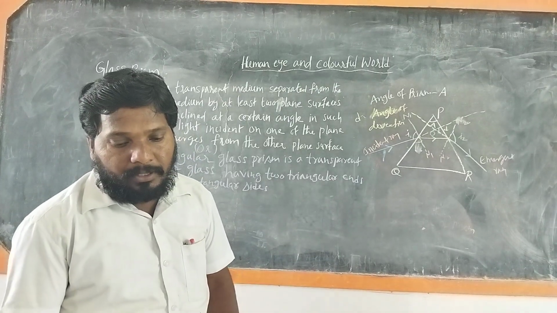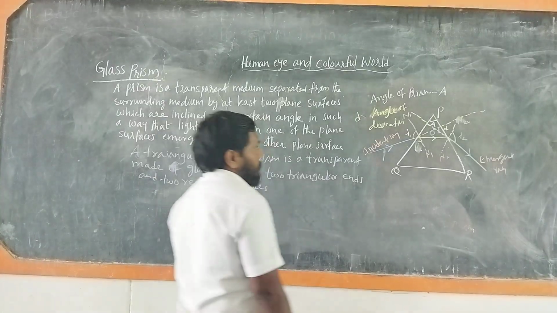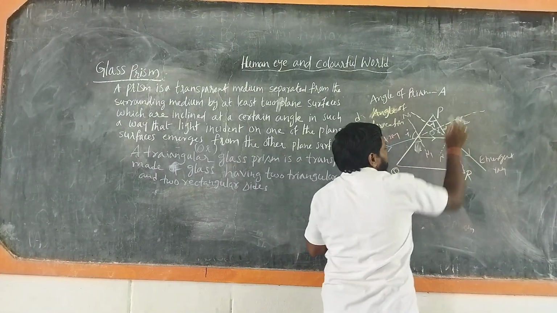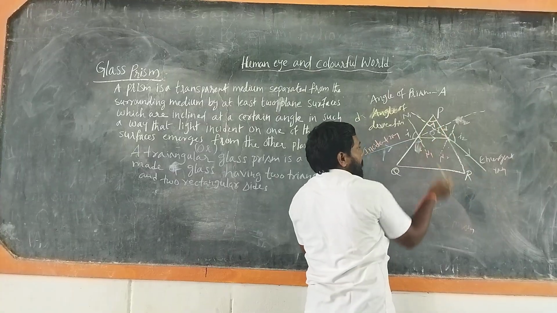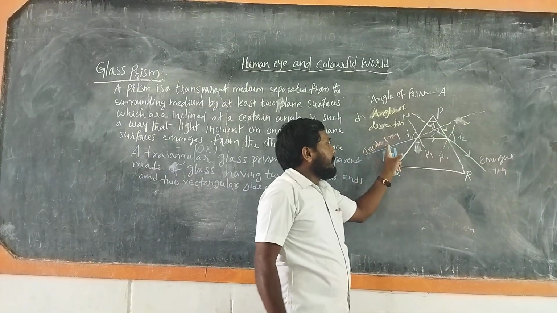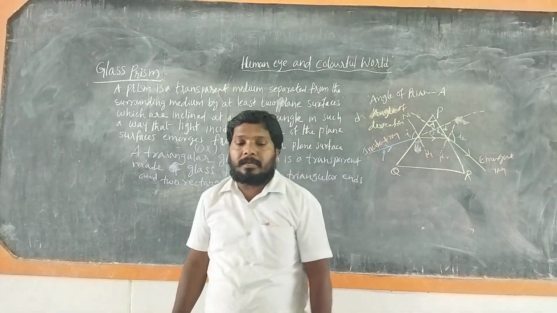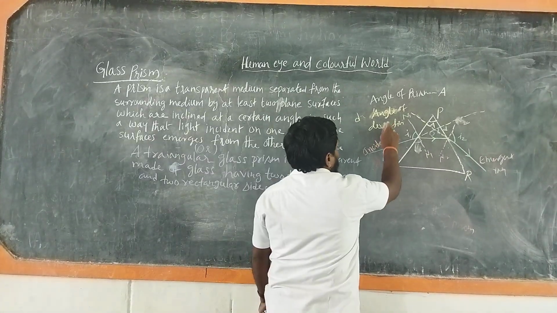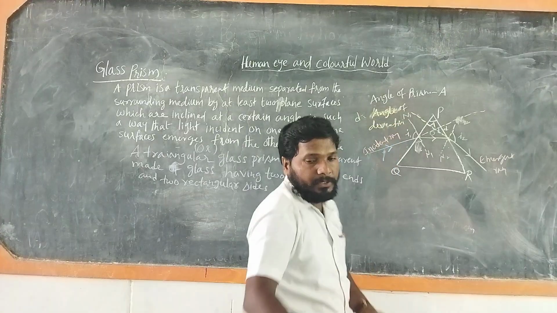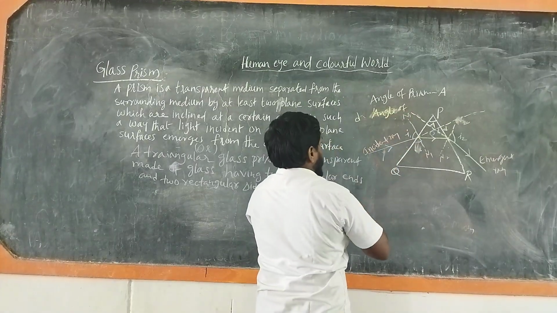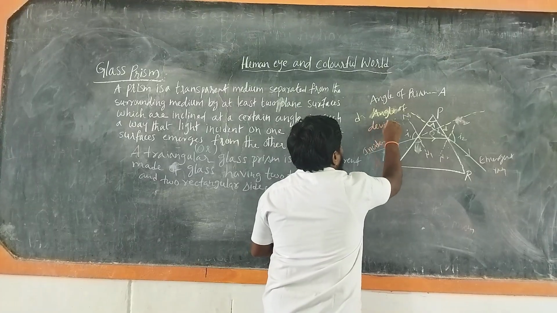The angle between the incident ray and the emergent ray is called the angle of deviation.